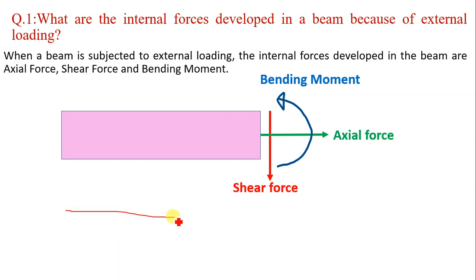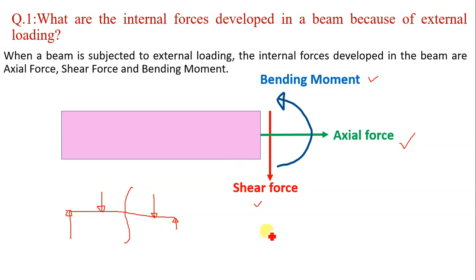If you consider a simply supported beam carrying some external load and cut the beam at any section, then at the section where the beam is divided into two separate portions, to maintain the equilibrium you have to apply these three forces: shear force, axial force and bending moment.